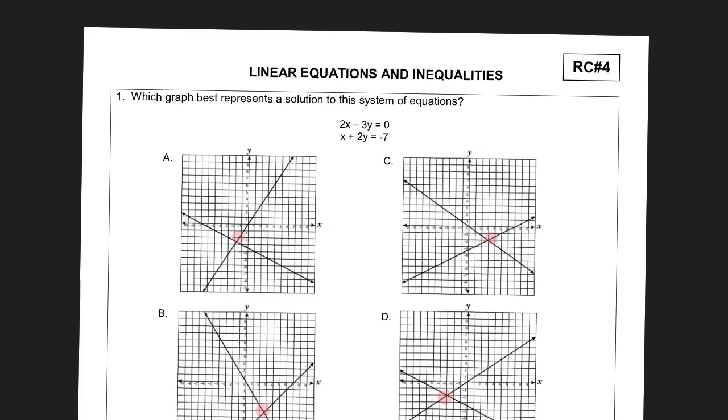Now there's a couple of ways we can handle this. One way is to solve for y and to put it into y equals in our calculator. However, another way is just to solve it. Remember that we solved by graphing, we solved by substitution, and we solved by elimination.